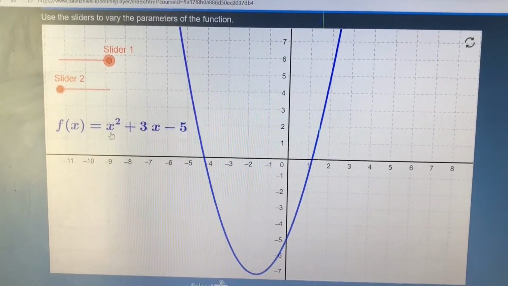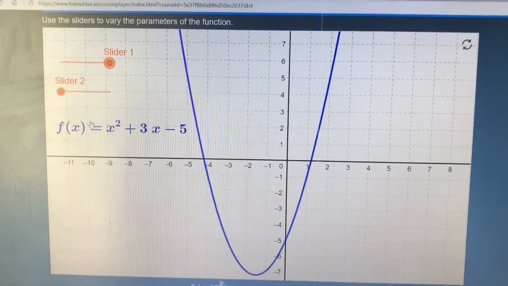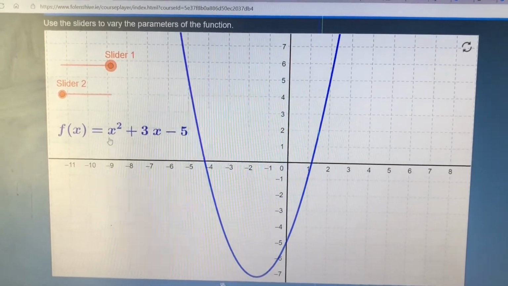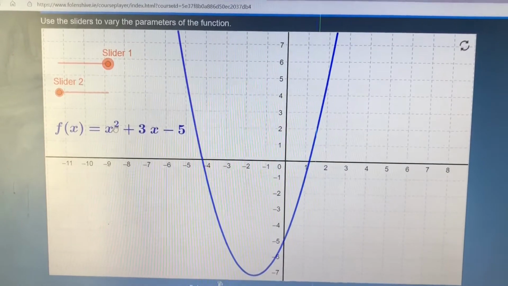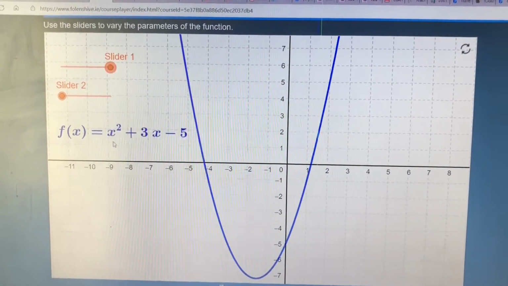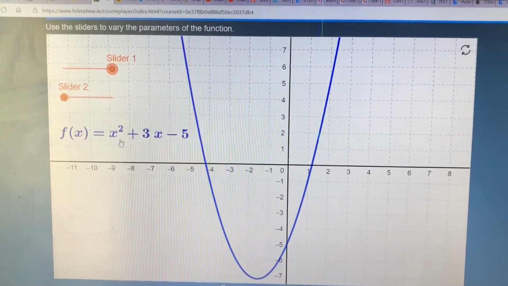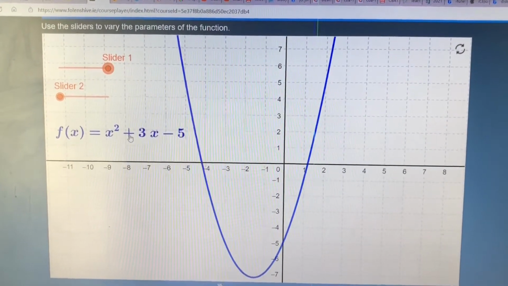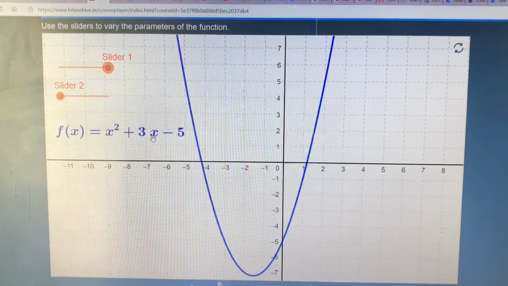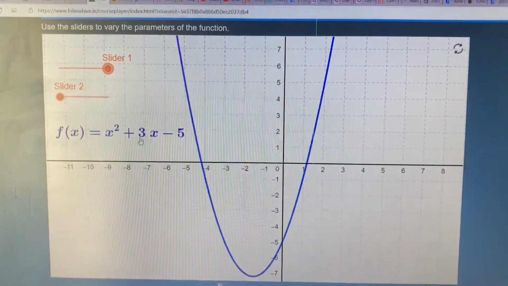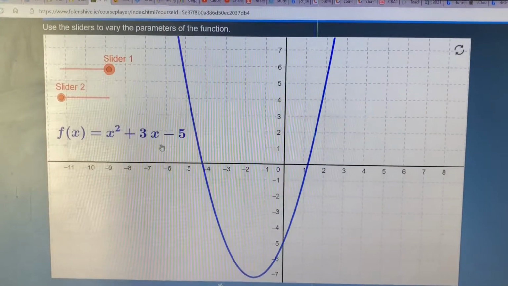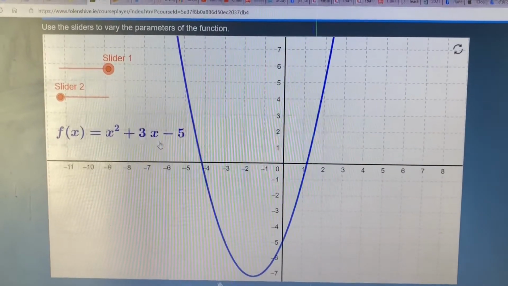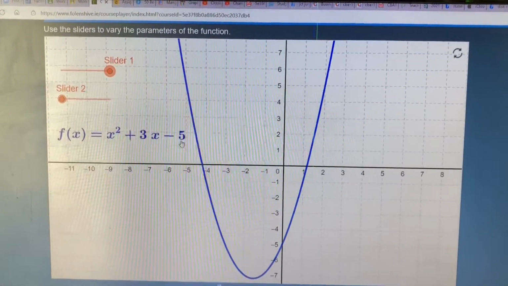So for this function, to find each input's output, we must square the input, because this is x squared and x is the input. The input squared, then we must add 3 lots of the input. We know that 3x means 3 times x, so 3 times the input, and then we must take 5.